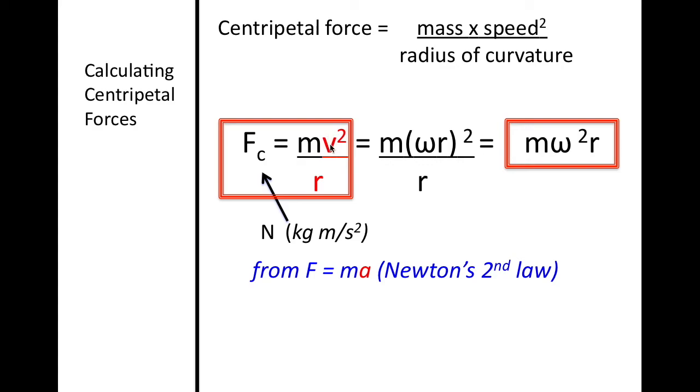However, because we are talking about circles, we know that from a circle, it is the v squared over r, and that equals the angular speed times the radius, which is what we know v is when it comes to talking about circles. So we just put in the omega times the radius, and we square that, and we keep the radius down below, and then we solve, do some cross-canceling, and we get a new answer of the centripetal force equaling the mass times the angular speed squared times r.